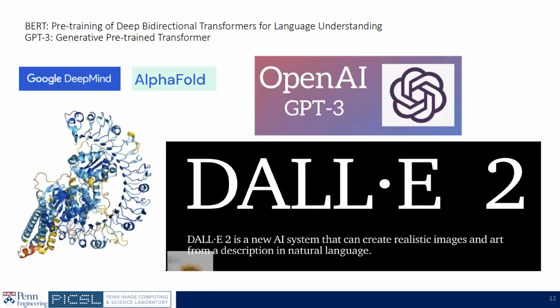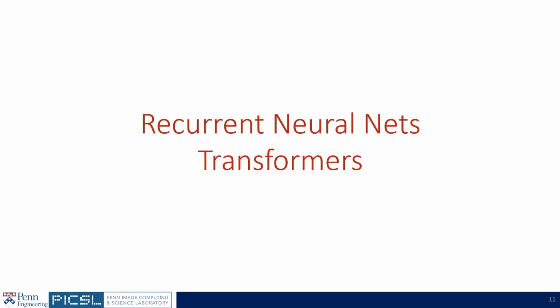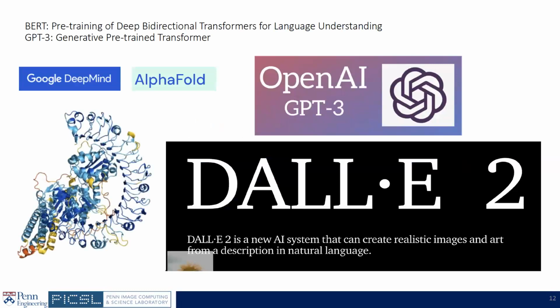The other thing is that I'll talk about RNNs first, then I'll talk about how we can incorporate attention in RNNs. Then I'll talk about what transformers are and how transformers are used in vision science, right? To set the stage, you might have already seen these things: DALL-E 2, AlphaFold by Google DeepMind, OpenAI's GPT-3.